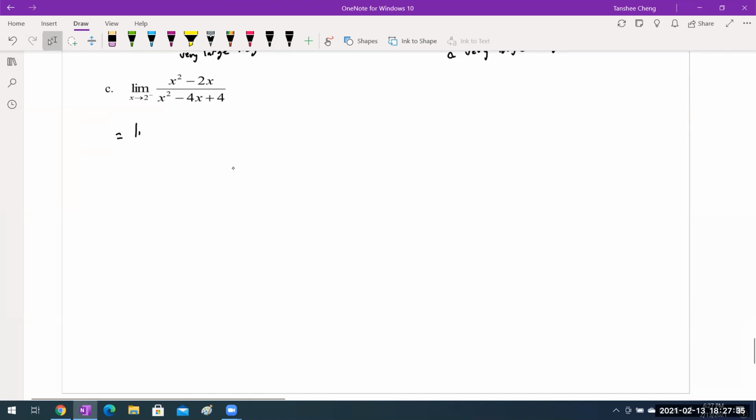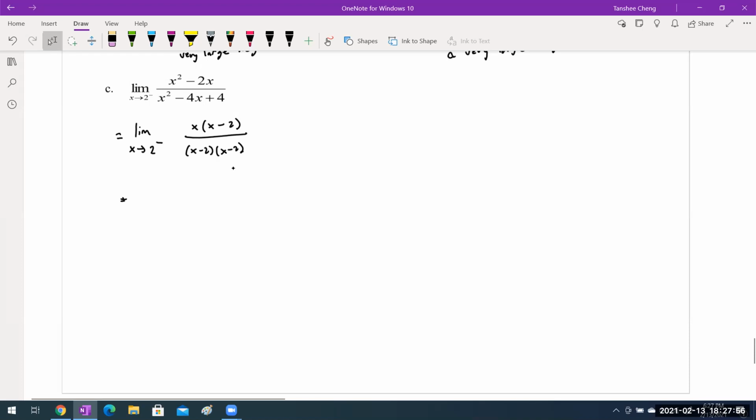So I'm going to be looking at the limit as x approaches 2 from the left-hand side of, when I factor it, x minus 2 in the numerator. And in the denominator, when I factor, x minus 2 times x minus 2. Hey, what happens? There is a common factor that we can reduce, right?